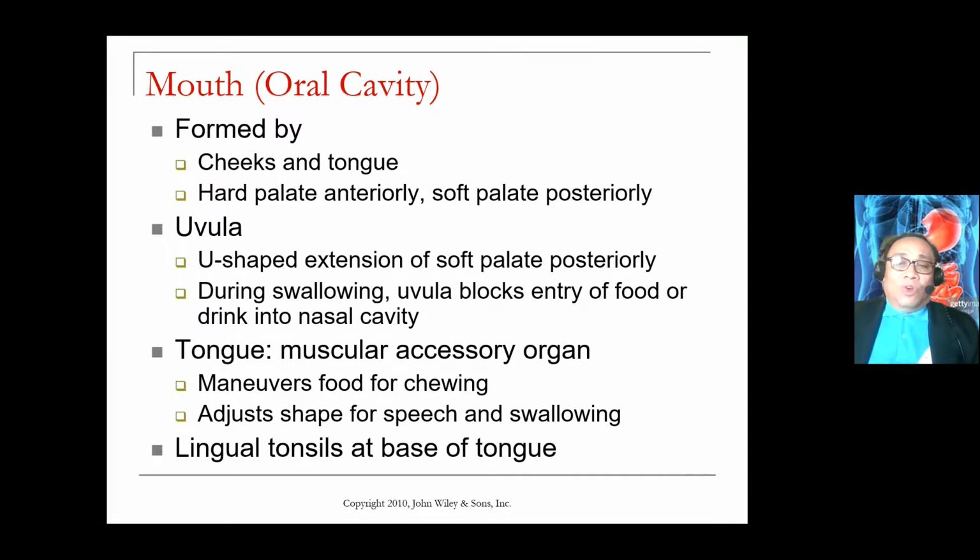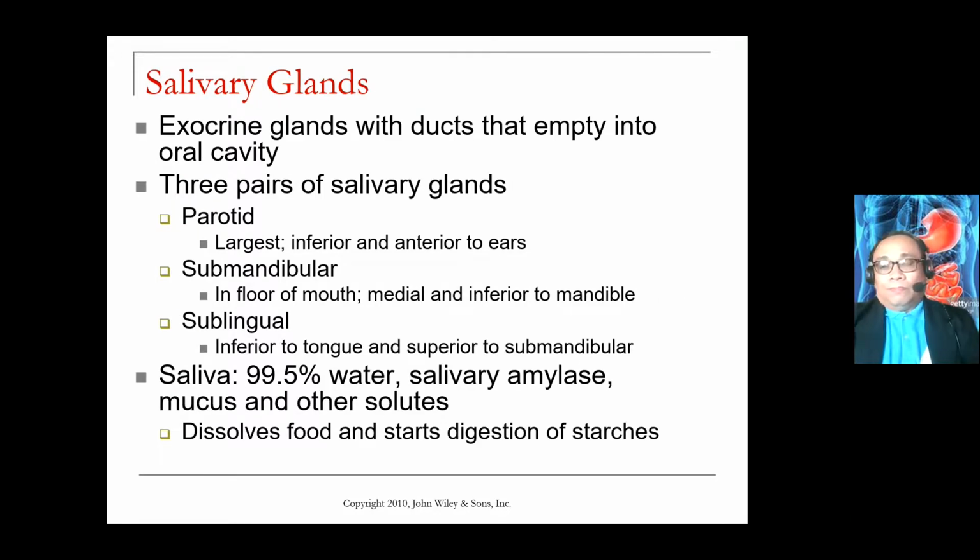Okay, there are also tonsils at the base of the tongue. We call them the lingual tonsils, although there are also other tonsils in the region of the palate, kaya tinawag nating palatine tonsils sila. Okay, we have to know that an accessory organ in the oral cavity is the salivary gland. It is an exocrine gland because it contains ducts that empty into the oral cavity. There are actually three pairs of salivary glands.